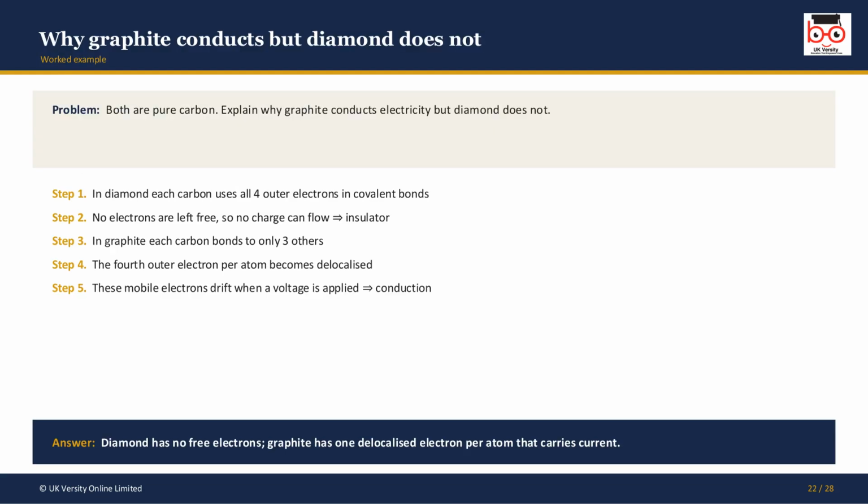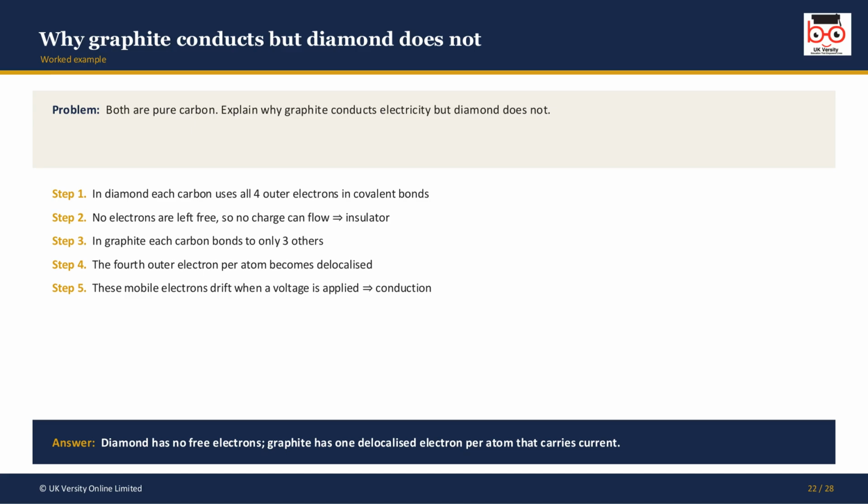Let's explain carefully why graphite conducts but diamond doesn't, given both are pure carbon. In diamond, each carbon uses all 4 of its outer electrons in covalent bonds, so no electrons are left free, and with no charge able to flow, it's an insulator.